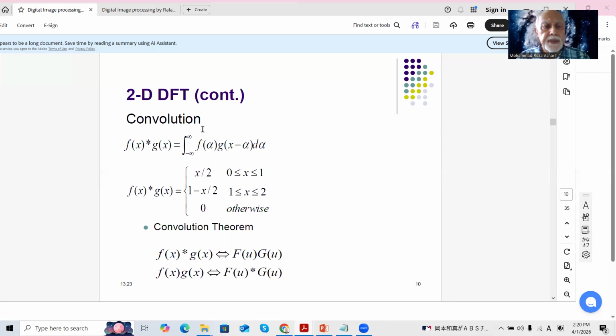And then convolution, as in one dimension, the convolution integral. I talked about the convolution integral in a previous video, that it is defined like this, and this convolution is useful for reducing the number of calculations.